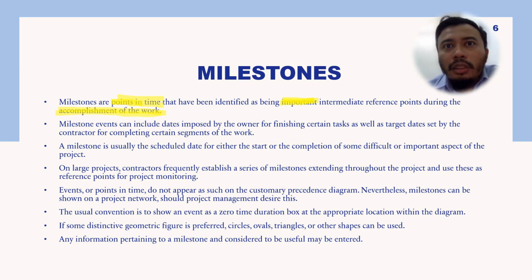For example, you have finished building the shop unit, but actually the project consists of building the shop unit, paving the road, installing utilities, and installing the street lighting.